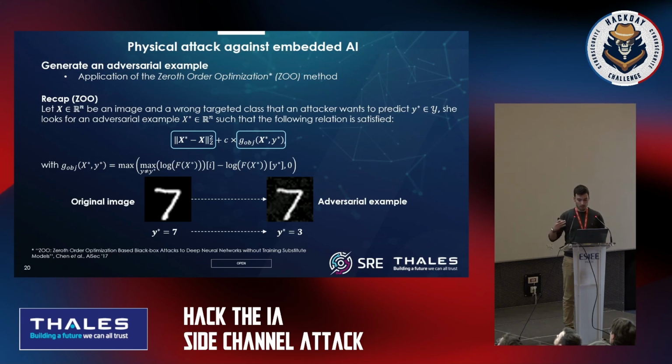So if I want to generate an adversarial example to predict a tree or whatever I want, I can add this term to the optimization problem, such that what we want is to generate an adversarial example that is as similar to the original one, and such that the predicted class, so here a tree, is the most probable class for the neural network. So this equation is just that.